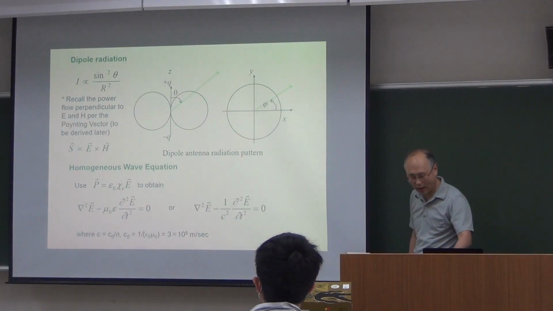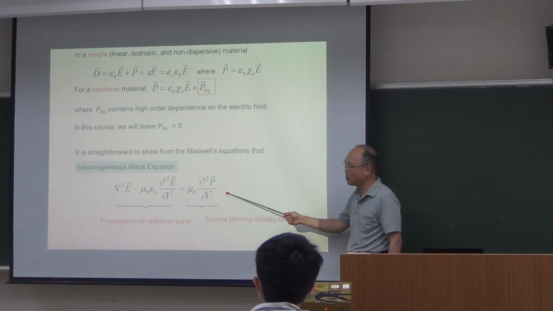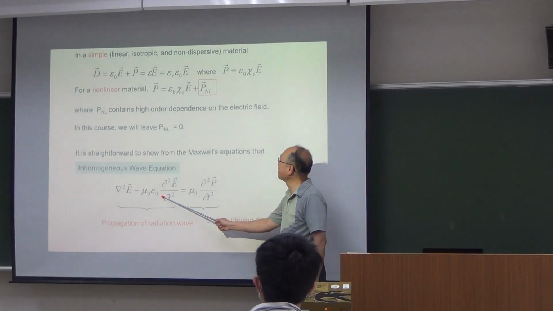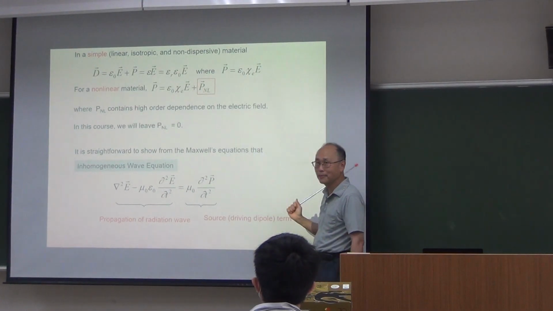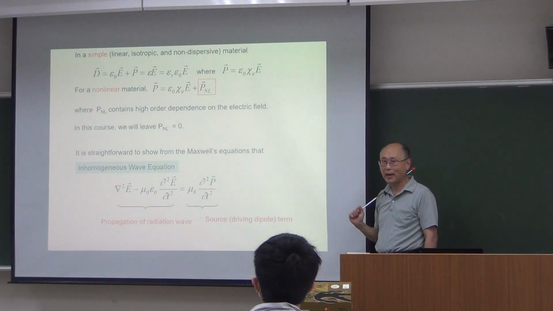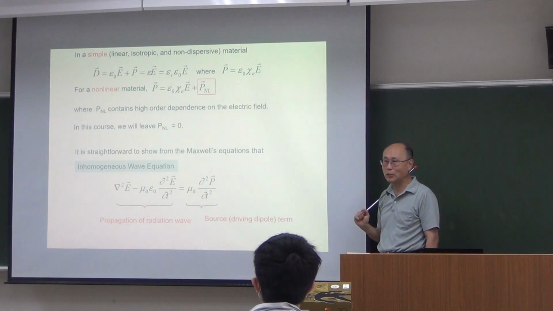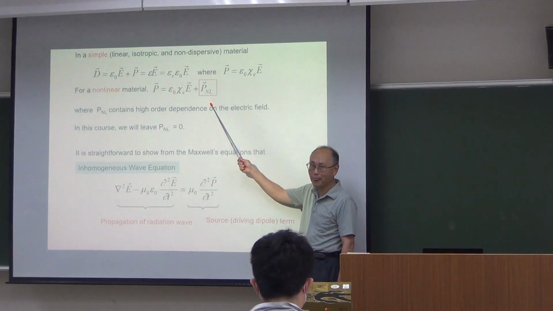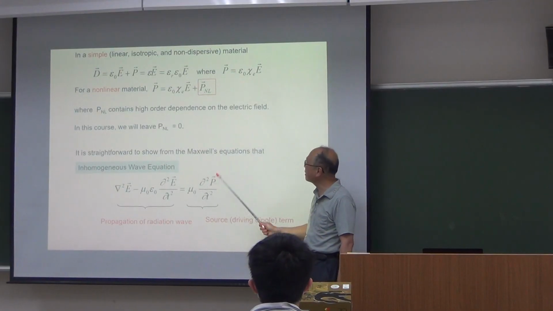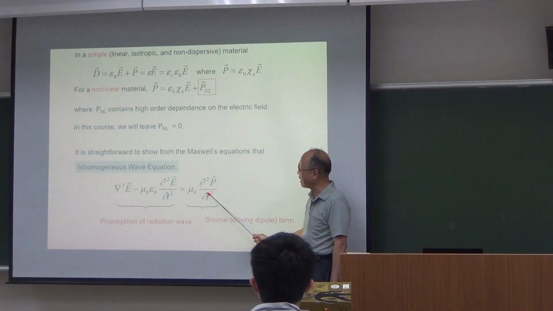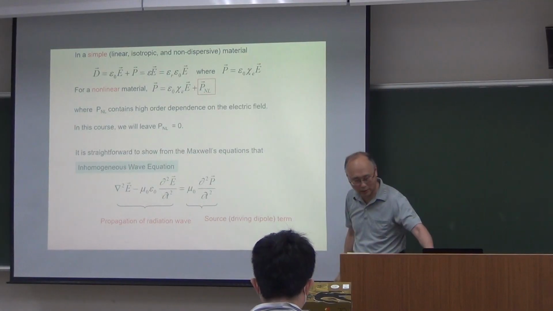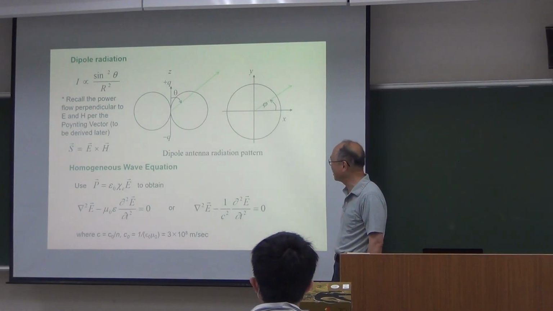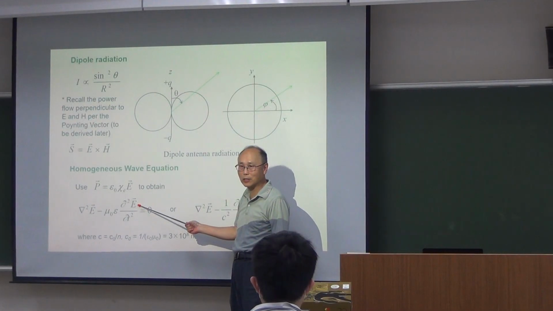Previously, you had this expression, but in fact, you can move this term into this term because you have this relationship: the polarization density vector is proportional to the electric field, and we don't talk about the nonlinear part. So we cross that out in this class. But with this relationship, you'll be able to move this term into this term, and then eventually the dipoles in the material are going to affect the propagation of this electric field.